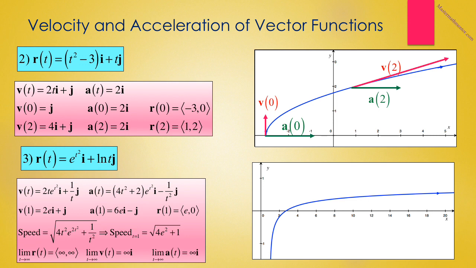As t approaches infinity, our velocity will be infinity i, which means that as t gets larger and larger, our velocity will be greater and greater, all to the right. While the limit as t approaches infinity of a of t is also infinity i, which means that the particle will have a greater and greater acceleration to the right.